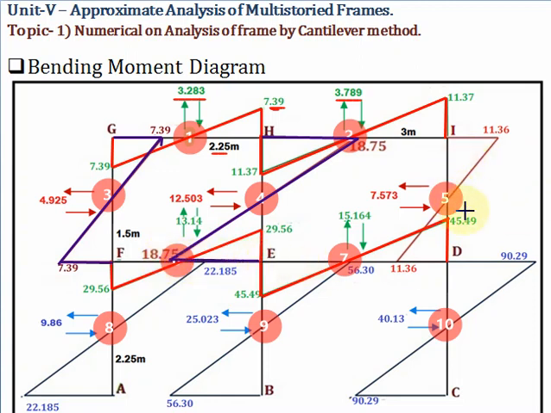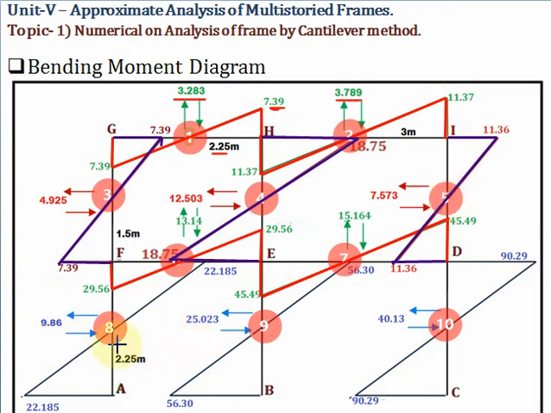Then at node 5, what is the horizontal force? 7.573 multiplied by 1.5, what value are we getting? 11.36. Here also 11.36, so we are getting the same value. What is the reason behind that? Because the distance is the same and the force is also the same. It is acting at the center. We are considering the point of contraflexure at the center.